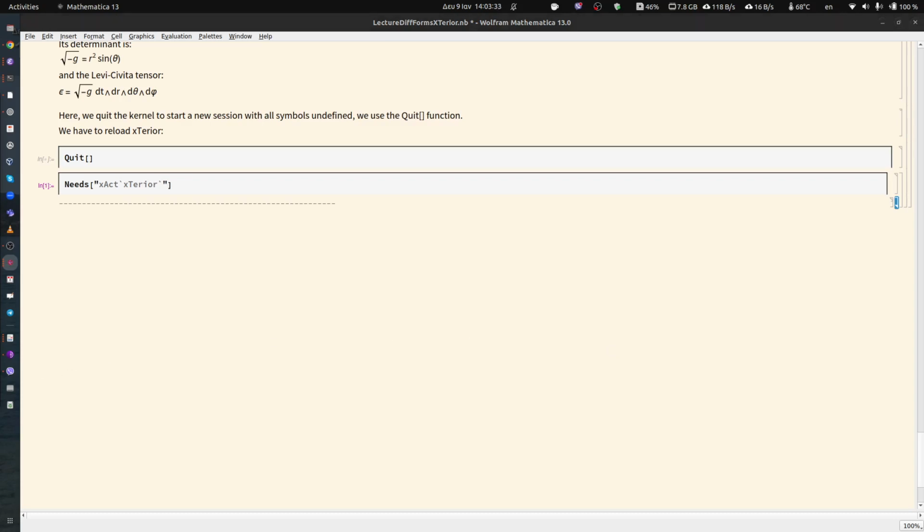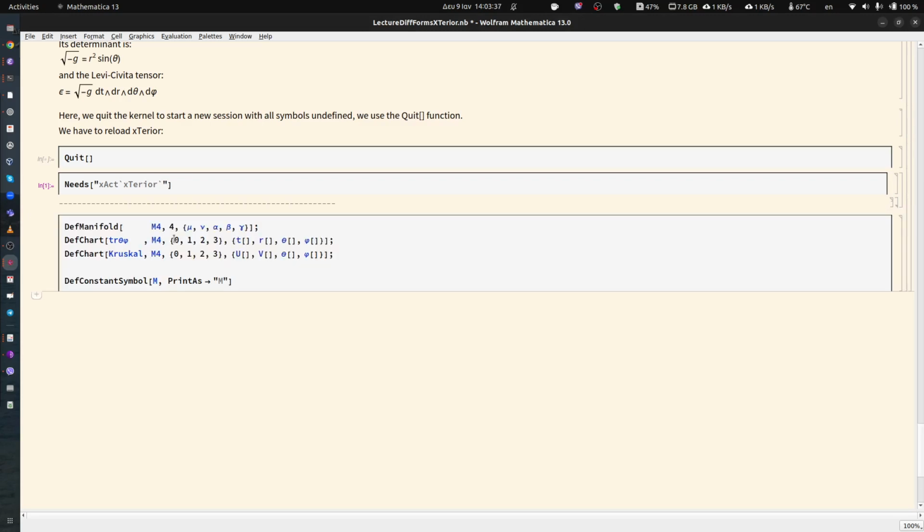So now let's define a manifold which is 4-dimensional, M4, and we define two charts. One chart has coordinate functions t, r, theta, and phi, and the other has u, v, theta, and phi. The first we will call the Schwarzschild chart, and the other will be called the Kruskal chart after the name of this coordinate system, whose usefulness we will study later in more detail.